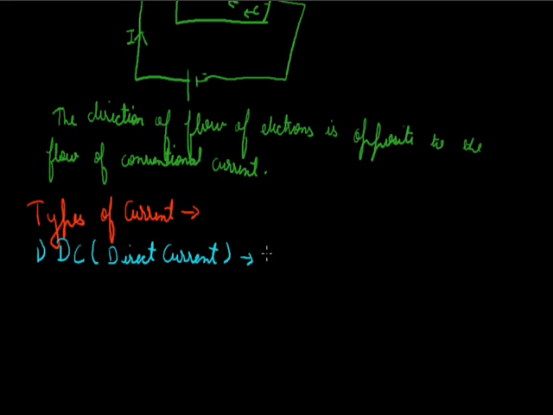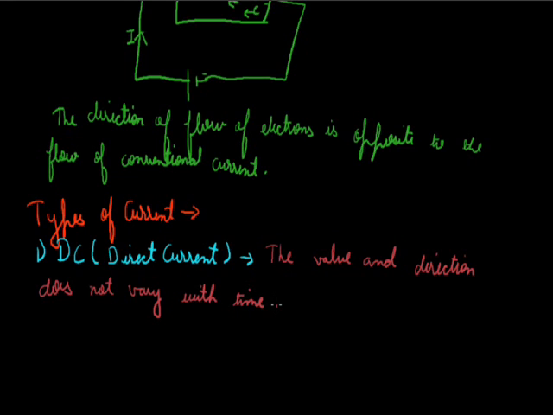Its sources are primary cells or secondary cells. This direct current is mainly used in phenomena like electroplating and electrolysis.